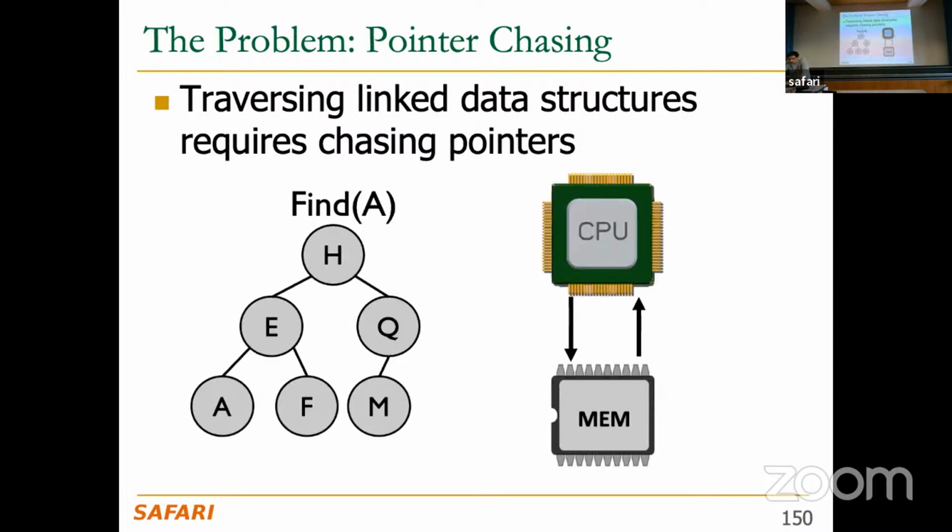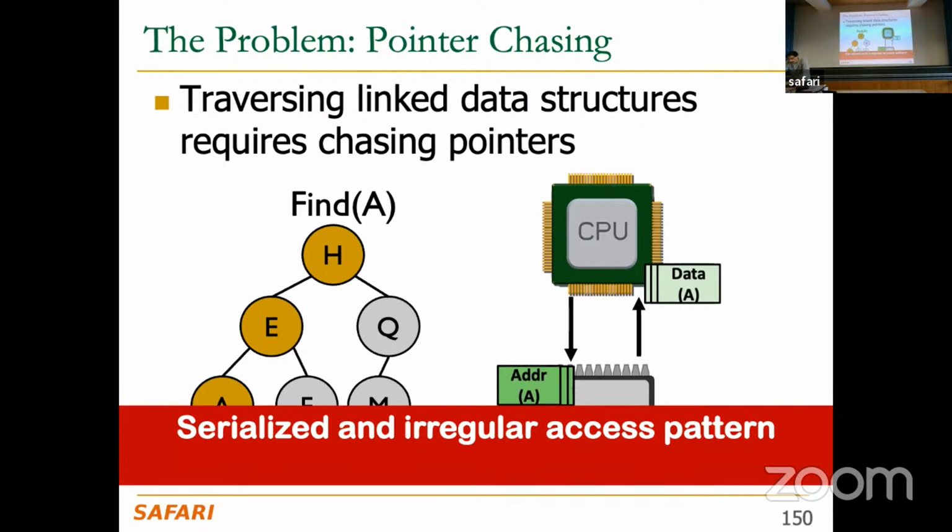For example, if we have this tree and we want to find the leaf A, we have to go to memory, bring H, that is the root, bring the data, and check that data. With this, we find another pointer that is a pointer to E, and then we have to go to memory and bring the data of E, and then we find the address of A, and we can bring the data of A to the CPU.